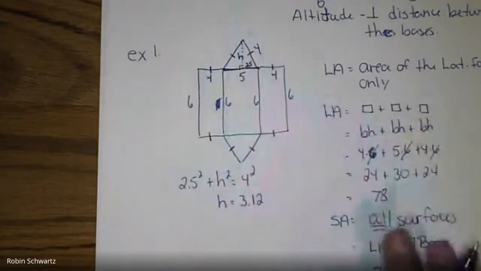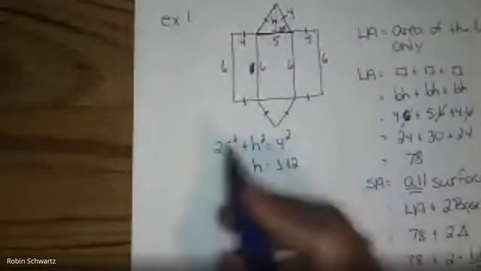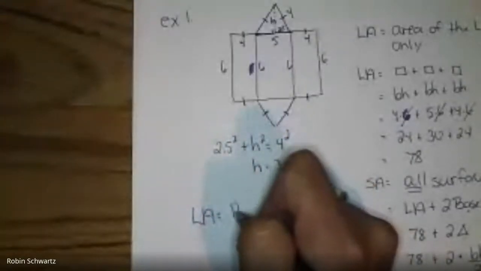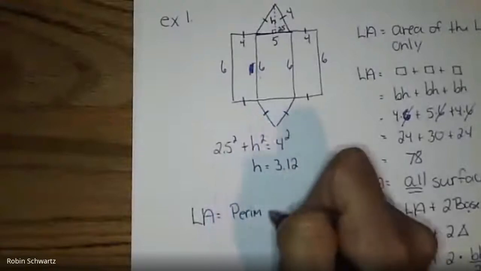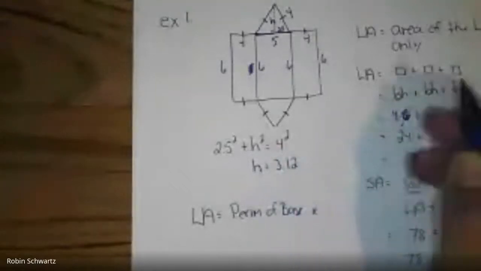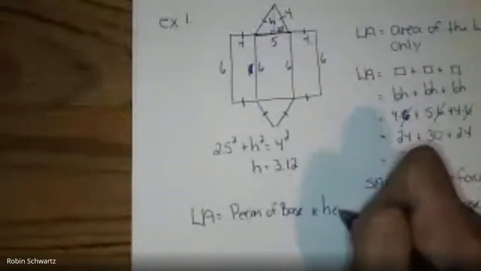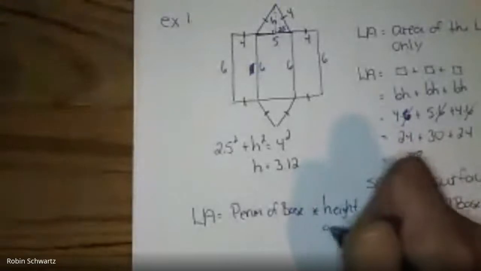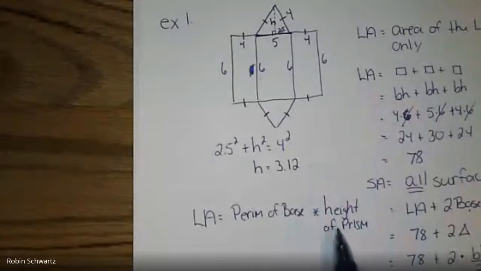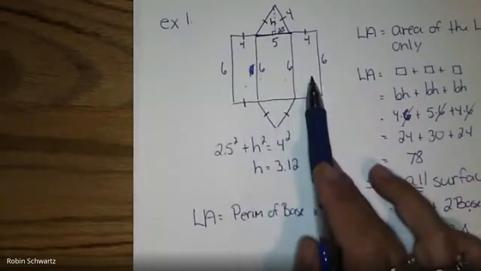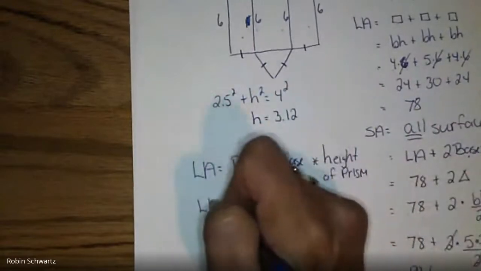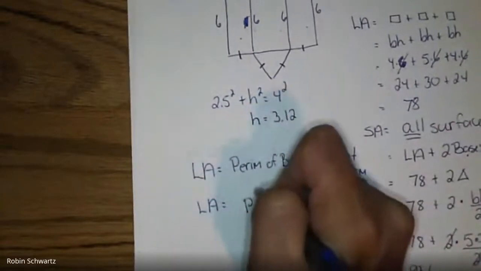So we do get a nice formula for lateral area of a prism. The LA for a prism is the perimeter of the base multiplied by the height of the prism. Those two numbers multiplied together will do all of the individual rectangular areas and add them together all at once. So our formula we're going to use is LA equals PH.